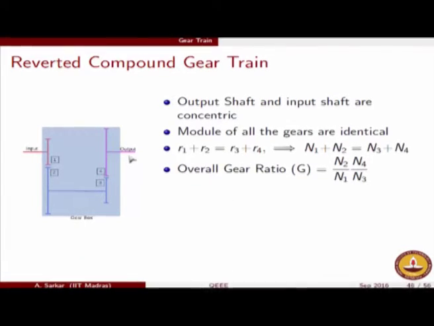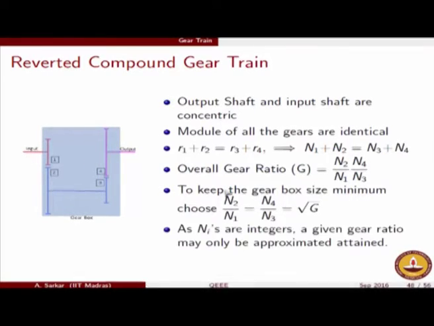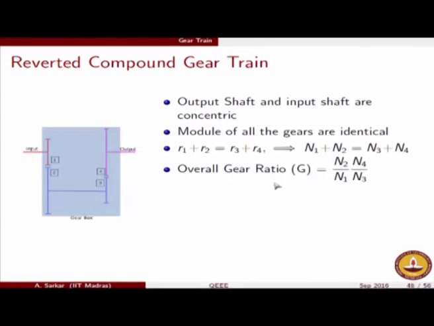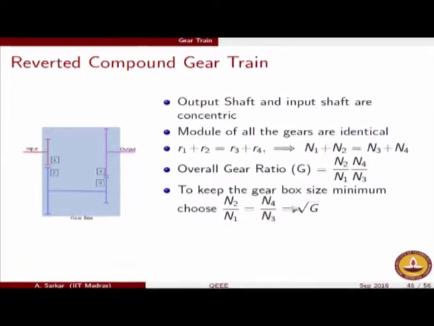So omega 4 by omega 1 is going to be N4 into N2 divided by N3 into N1. But while designing gears, or gearboxes rather, one has to make sure that the gearbox fits in the least amount of space. From the space constraint, you want to keep the gearbox size minimum.